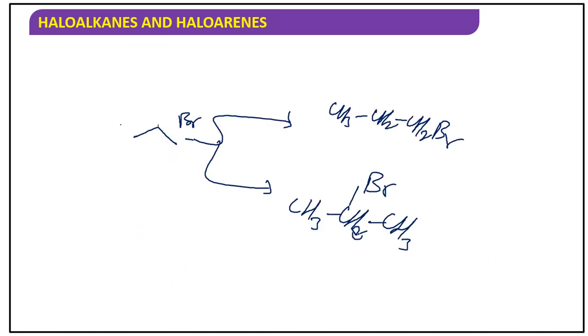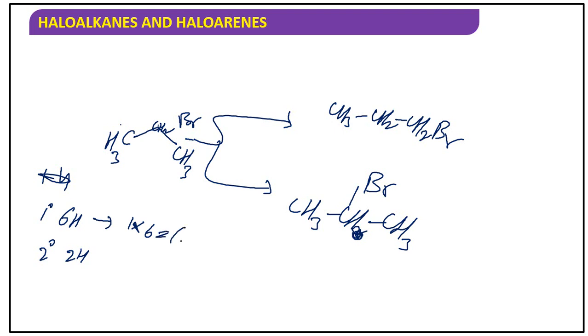Here bromine is there. So what is the percentage? If you take the hydrogens, primary 6 and secondary 2, the primary selectivity is 1, so 1 into 6 equals 6. But bromine's secondary hydrogen selectivity is almost 200 times, so 2 into 200 equals 400.